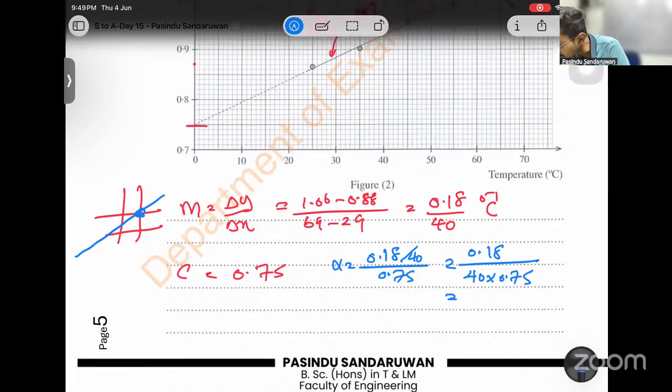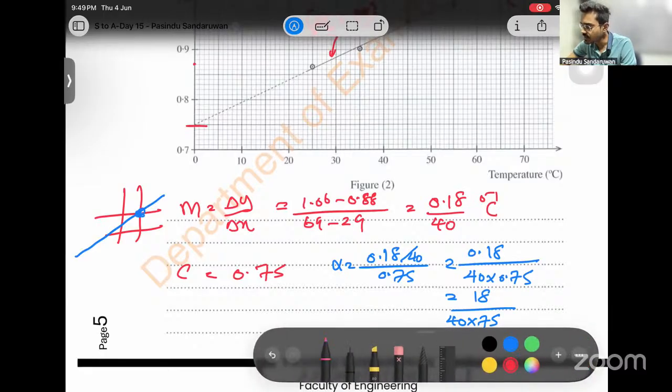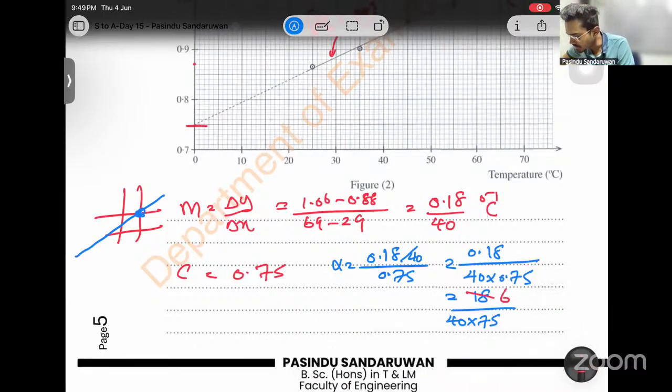If two decimals are shifted, this can be written as 18 over 40 times 75. Cancel by 3: 18 is 3 times 6, 75 is 3 times 25. Cancel by 2 as well. Then the final answer is 3 over 500.